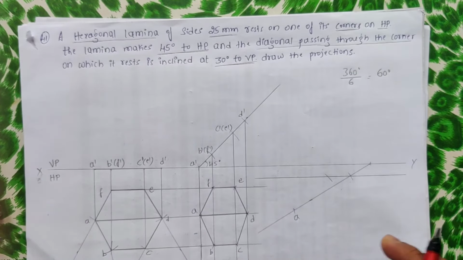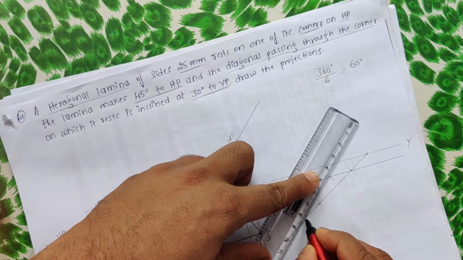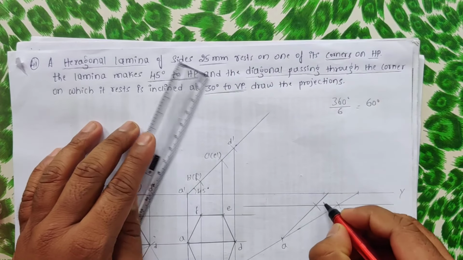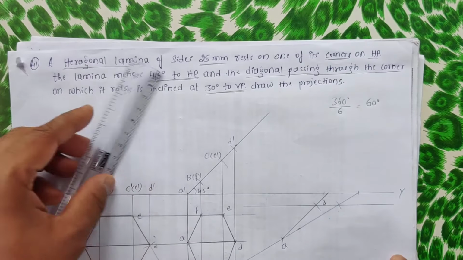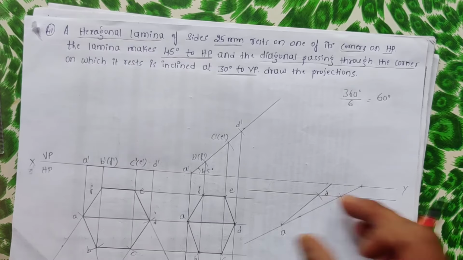So now we have to join this. So this is how we have to consider beta angle. So now this is my D. Hope you understood, right? So now keeping A and D as two reference points, we have to cut for all other points.